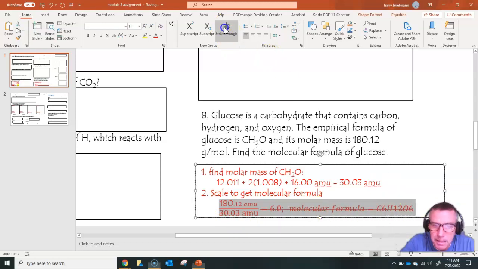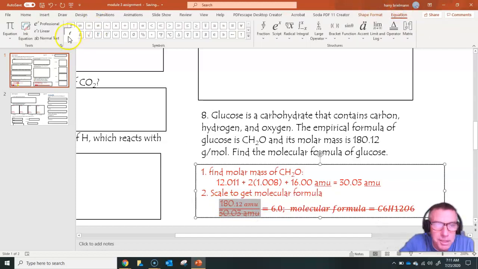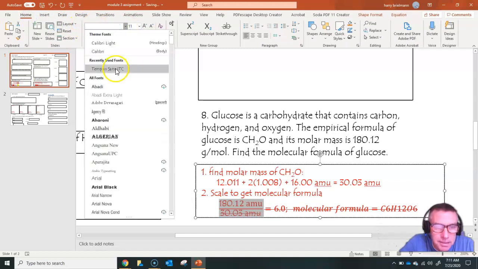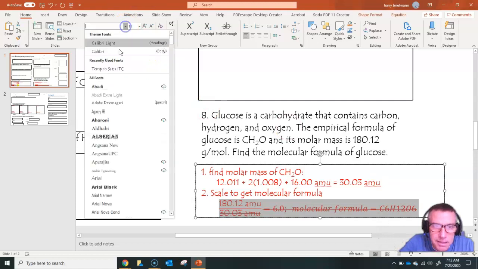I don't want it to strike through. I do want all one font. When it does this thing for you, that's annoying. You need to click on equation and have it be normal text, and then you need to make sure it's the font you want. Since I've done this a million times, I'm kind of familiar with it. That's true for the whole thing. I don't like that font.